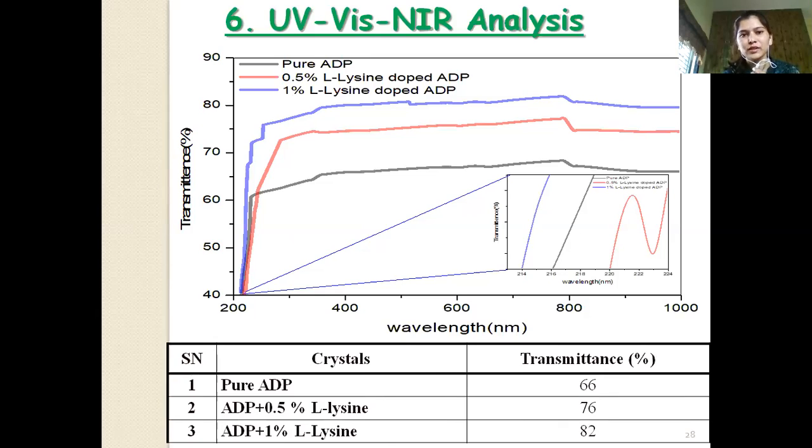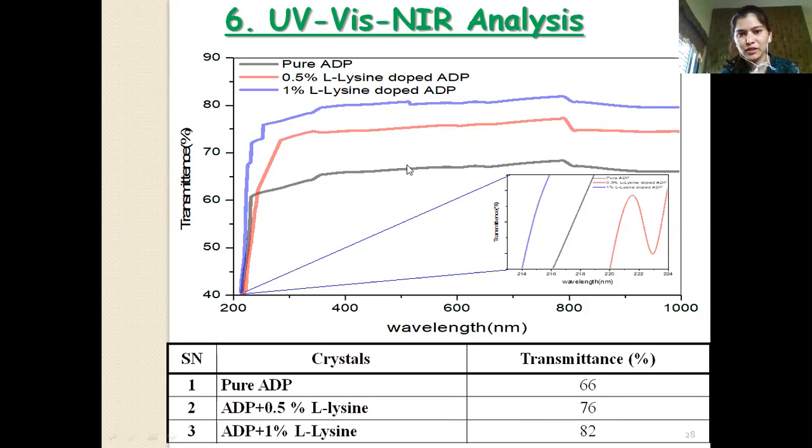Now, moving towards the UV visible spectrum of the grown crystals, it shows that the crystals transmit from 200 nanometers up to 1000 nanometers. This shows that our crystals offer good transmission in the UV, visible and infrared regions. Hence our crystals are good for optical applications.